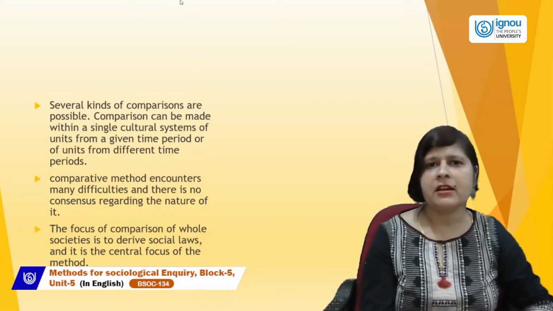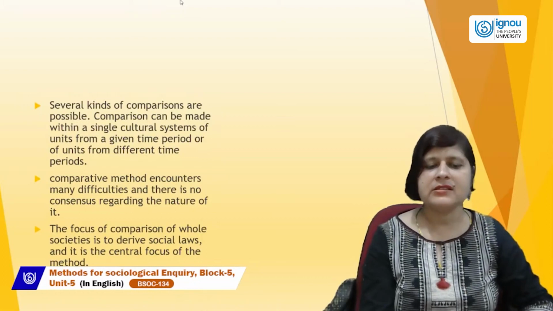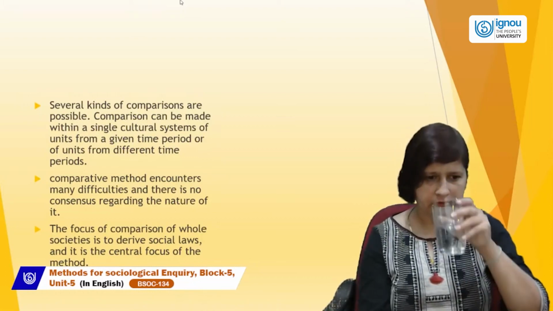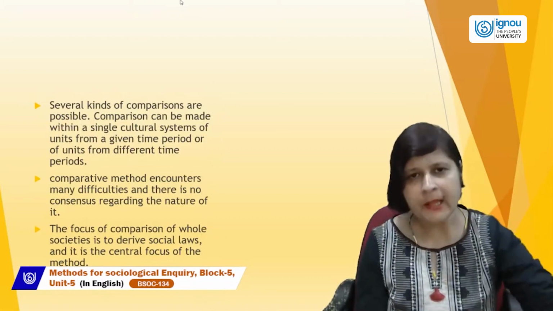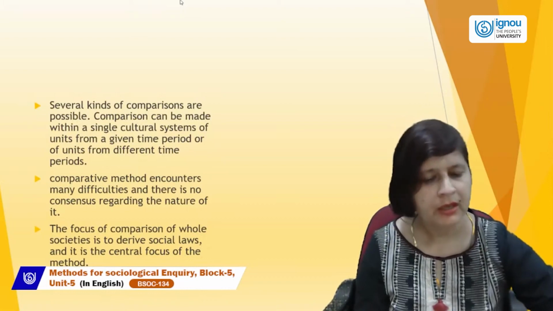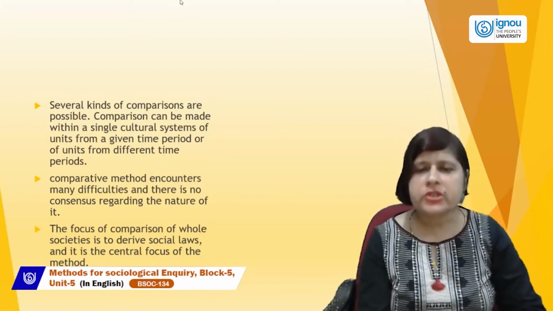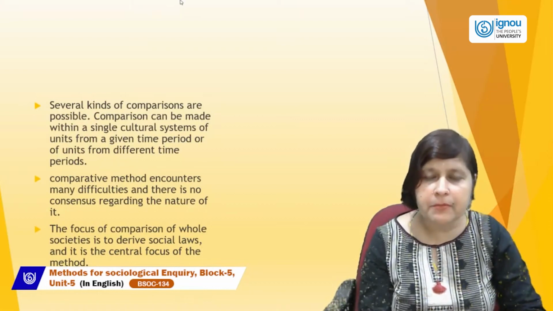The comparative method encounters many difficulties, and there is no consensus regarding its nature. The focus of comparison of whole societies is to derive social laws, and it is the central focus of the method.